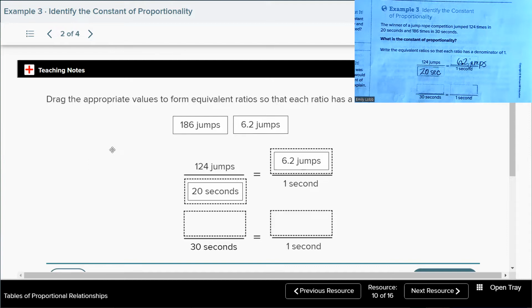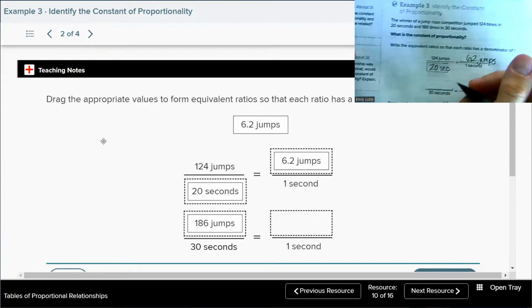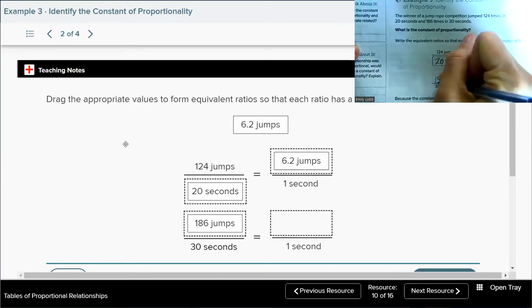All right, now the second part of our question says 186 times in 30 seconds. So I'm moving this 186 here. We're going to follow the same thing. I needed to write 186 jumps here.